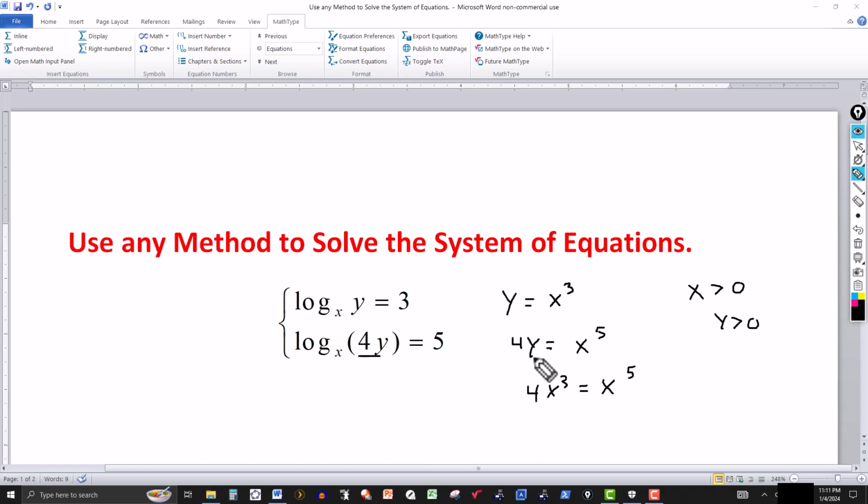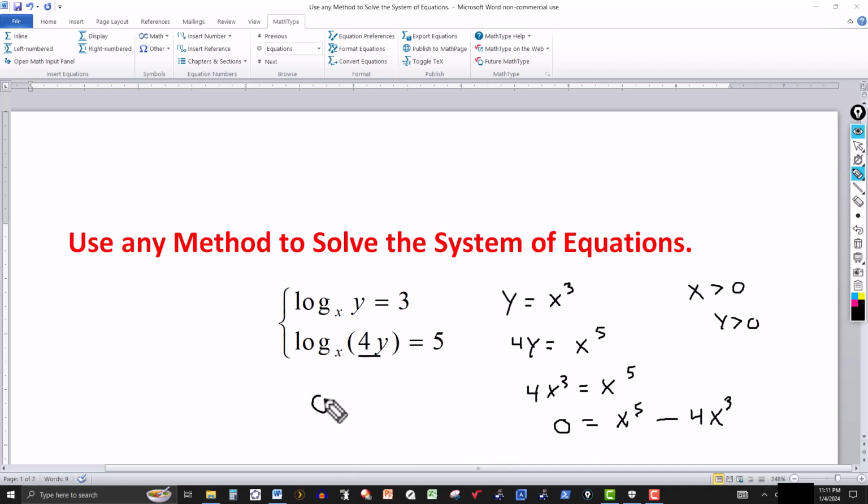By doing the substitution, I've eliminated the variable y. So let's take this over to the other side. This will be x to the fifth, and this comes over, so it makes it a negative, minus 4x to the third. And I'm solving a fifth degree equation here.